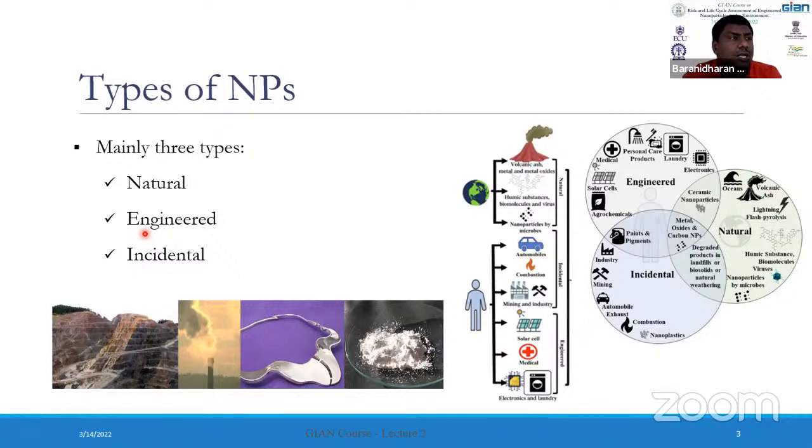We engineer the nanoparticle based upon our need. So whether we need a size-specific or shape-specific nanoparticle, or what their reactivity should be, how efficient they need to be with respect to physical, chemical, and optical properties, because these nanoparticles have been extensively used.